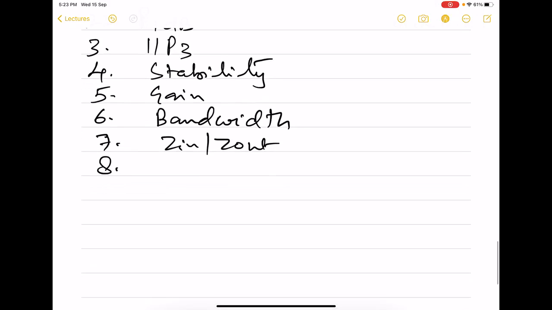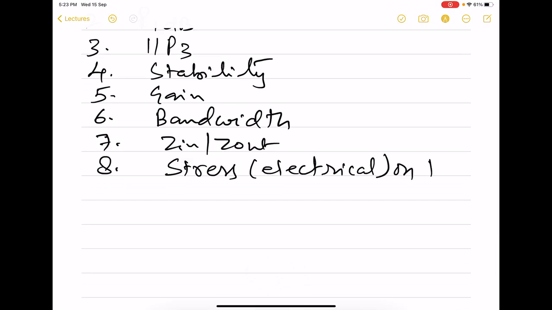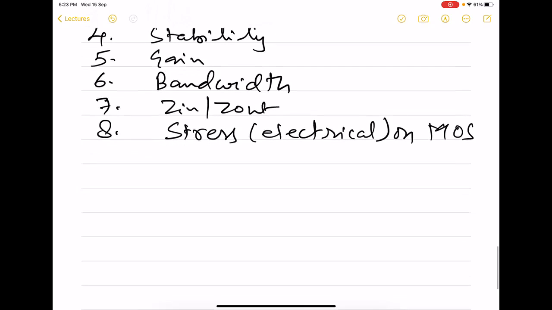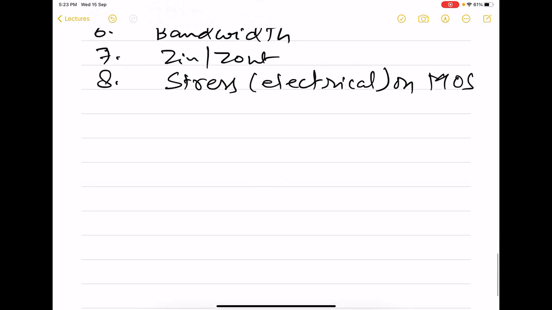And there's one more parameter which we will emphasize for power amplifier, which is actually stress, the electrical stress on the transistor. So in this case, we are going to use MOS to study all the circuits. So we will be talking about the electrical stress on MOS.